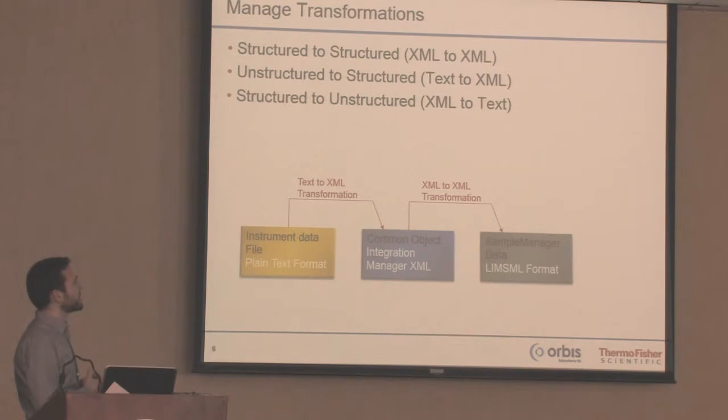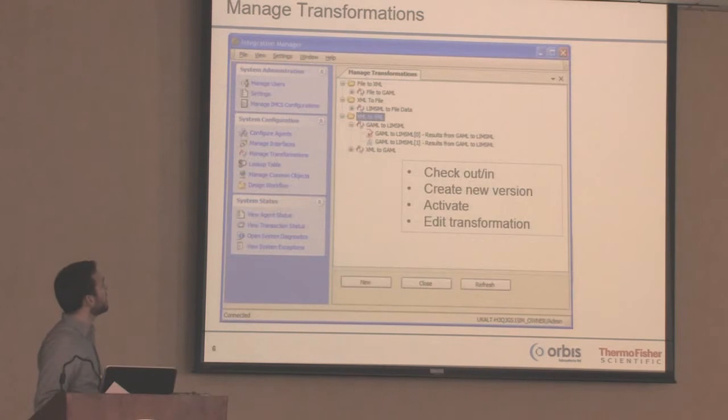So here we have an XML to XML transformation to LIMXML format, which is the proprietary format for Sample Manager. And this is just a look at the Manage Transformation screen in IM. The reason I wanted to show you this is just to demonstrate the versioning on transformations.